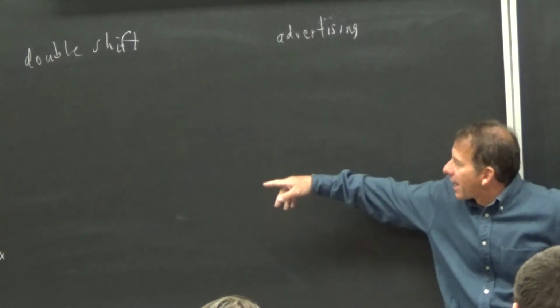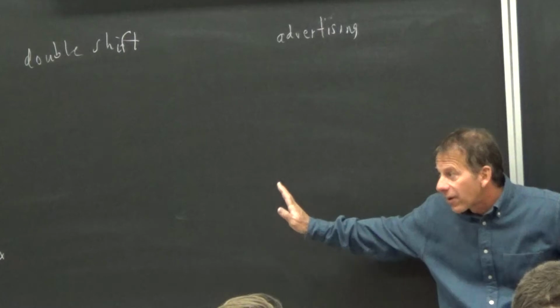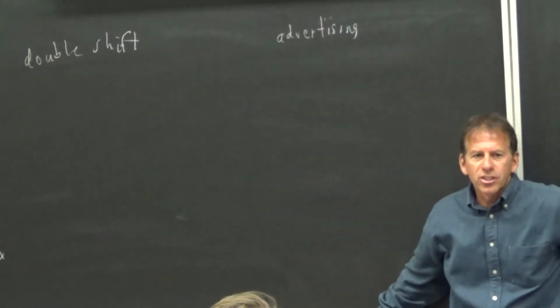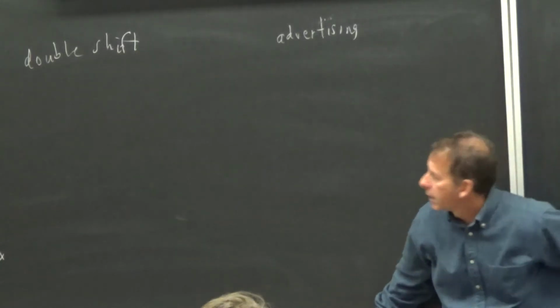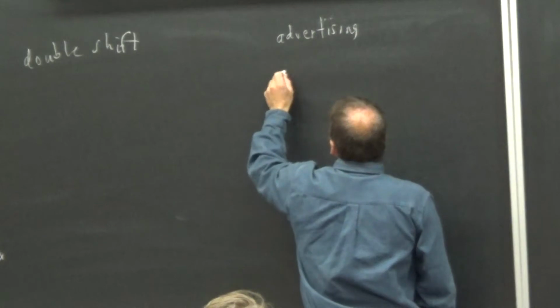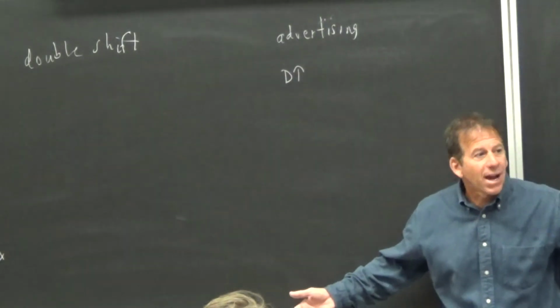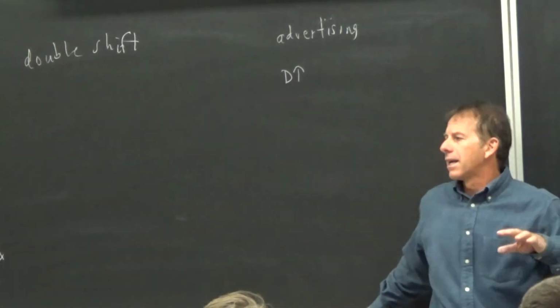And so based on our single shifts, what's the objective of advertising in terms of those single shifts? Which one of those changes? Demand to go to the right. Okay, so the first one is we would expect advertising for the demand to go up, because that's the whole point of advertising. You want people to buy your product, so that makes sense.